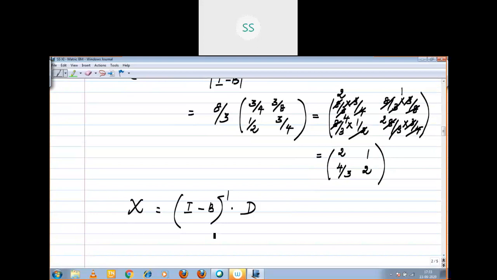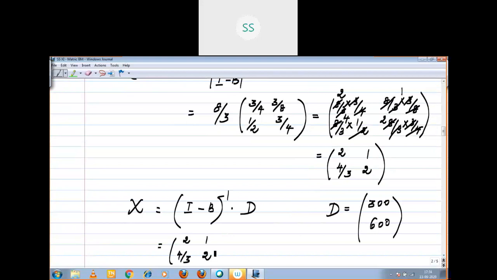Now X is equal to the formula: X is equal to I minus B, the whole inverse, into capital D. What is your capital D? You see, the final demand is given as 75 and 50, but it is going to change: 300 for A and 600 for B. That means D is equal to 300, 600.